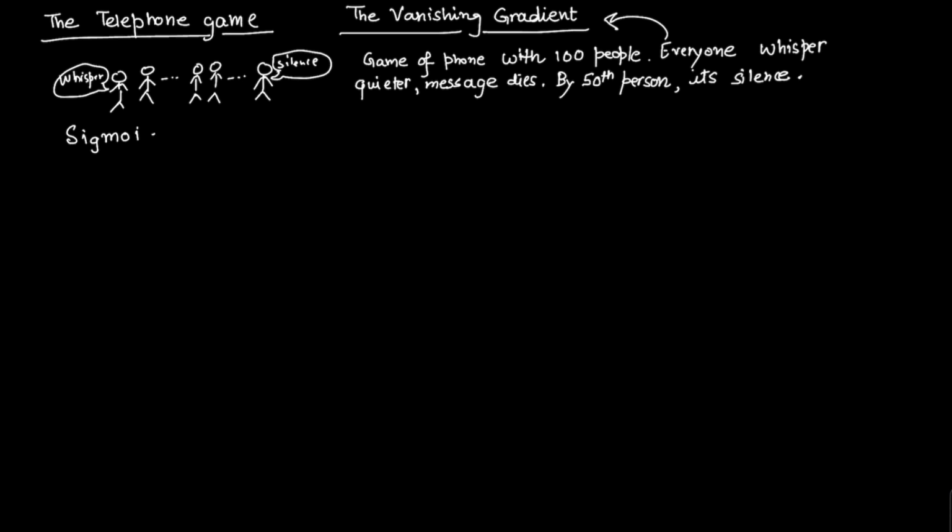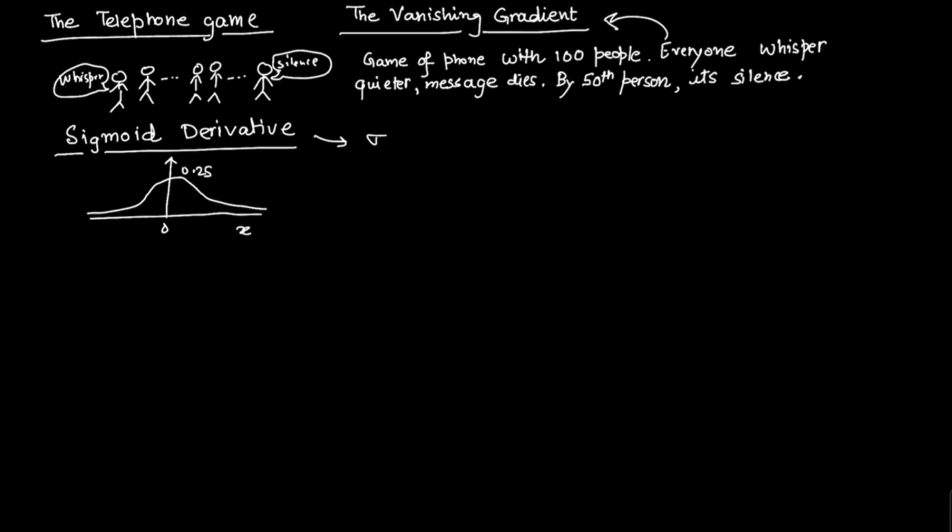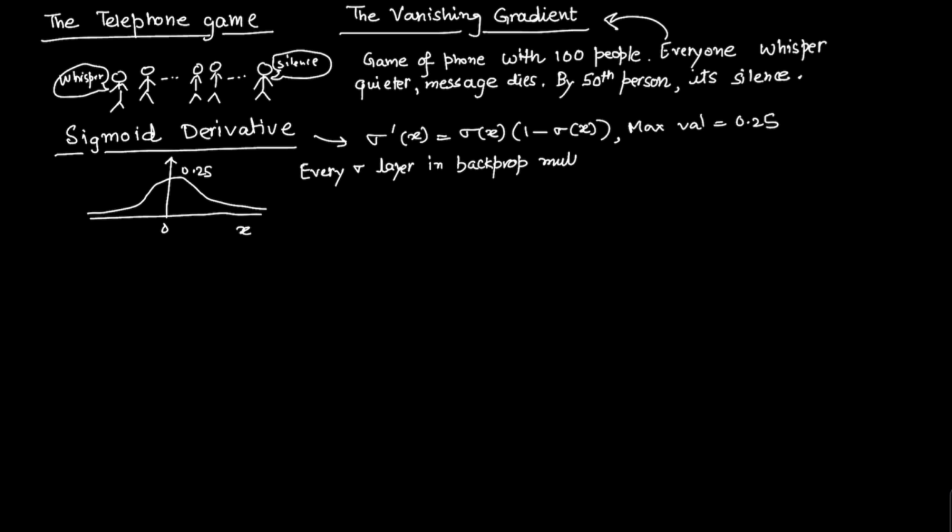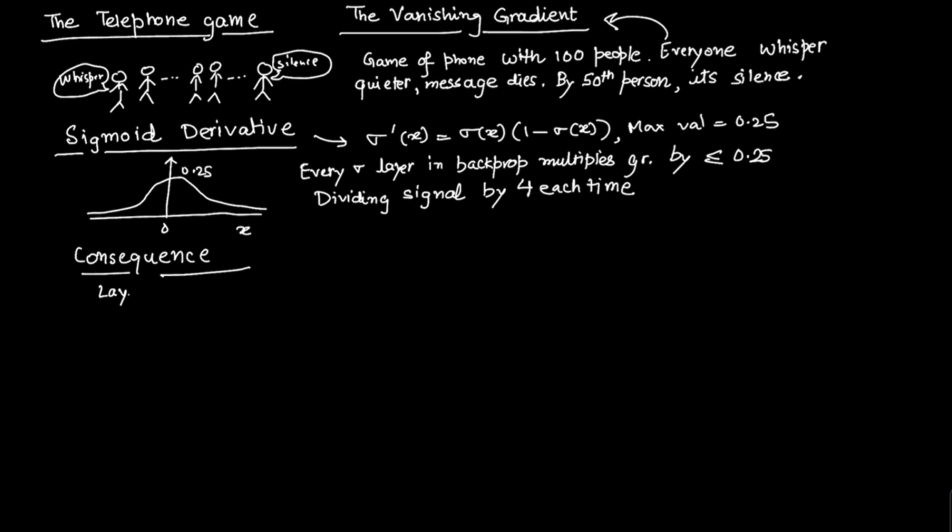Look at the sigmoid derivative we just wrote. Sigmoid x multiplied by 1 minus sigmoid x. What is the maximum value of this number? It turns out the maximum is 0.25. Every time we pass through a sigmoid layer during backprop, we multiply the gradient by at most 0.25. That means we are dividing the signal by 4. Layer 100 gradient is 1.0.